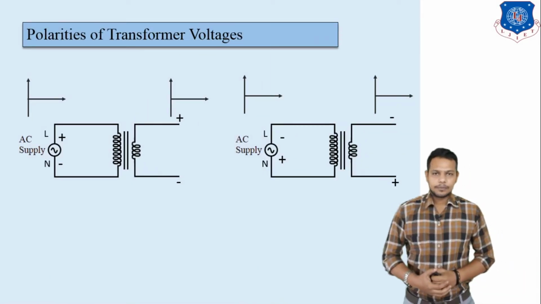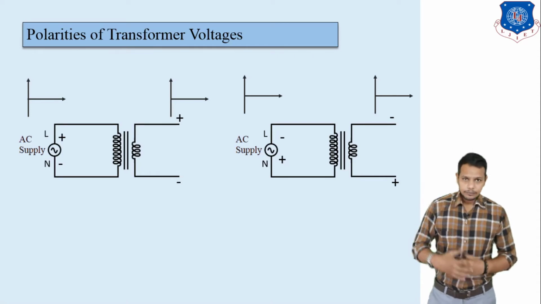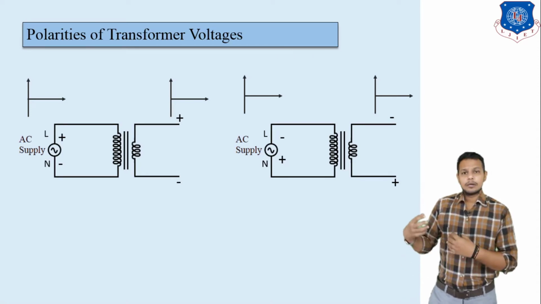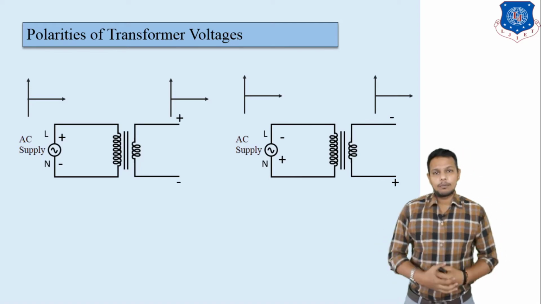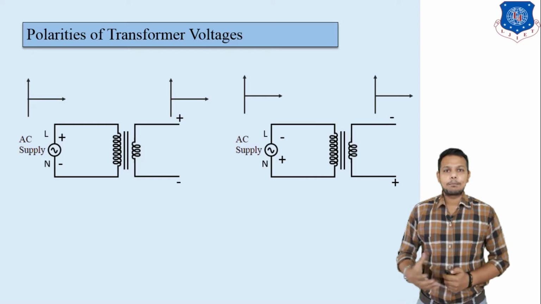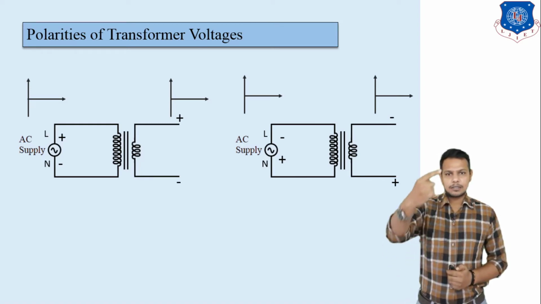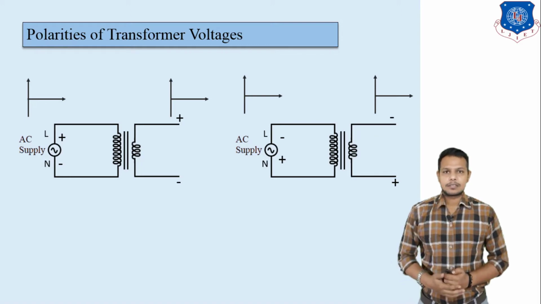Next, let us discuss the polarities of transformer voltages, and how a transformer maintains its waveform. For example, I applied a positive waveform, which means your polarity is plus on top and minus below. L means line, and N means neutral.